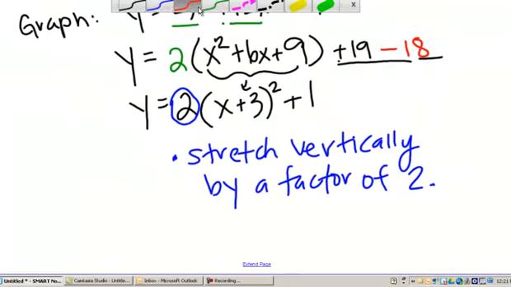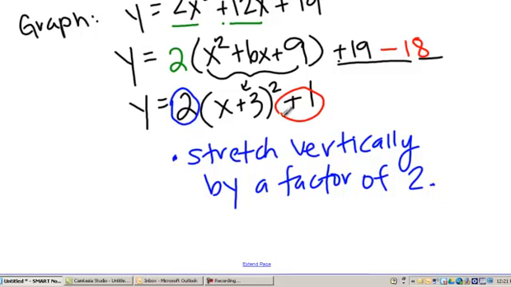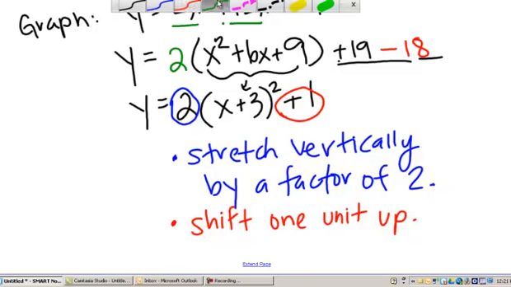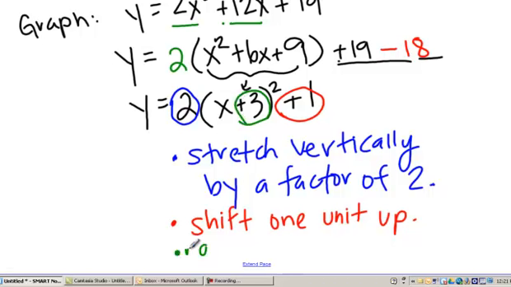Then we are going to go up 1, so shift 1 unit up. And then last but not least, we are going to move to the left.